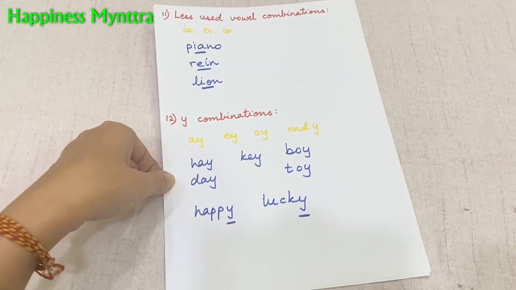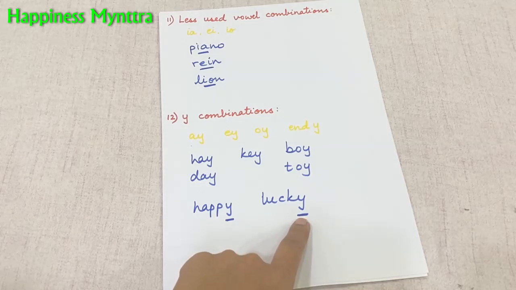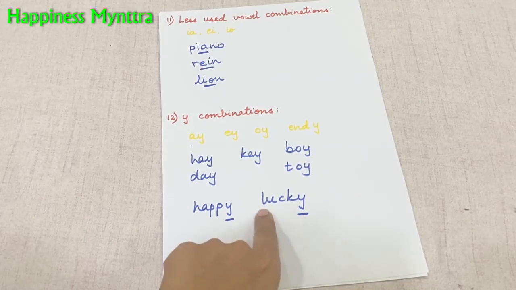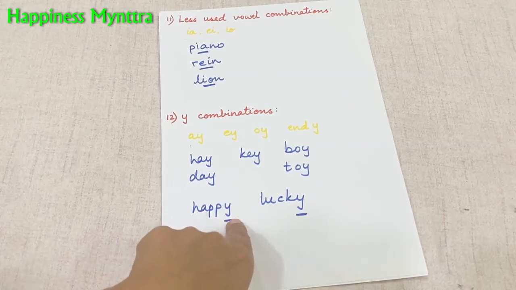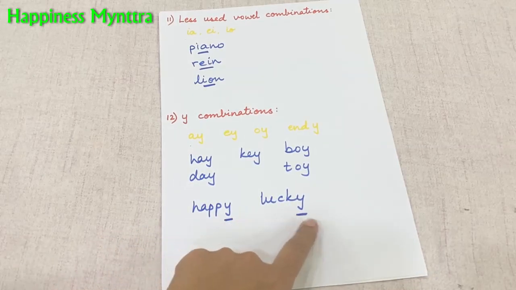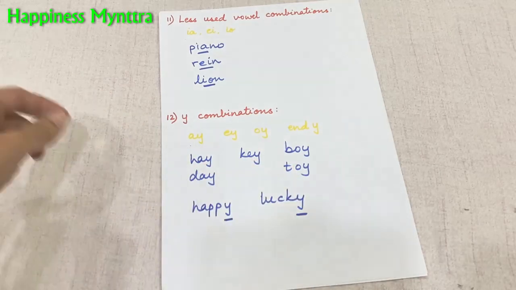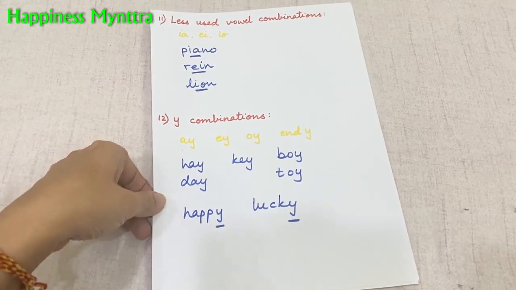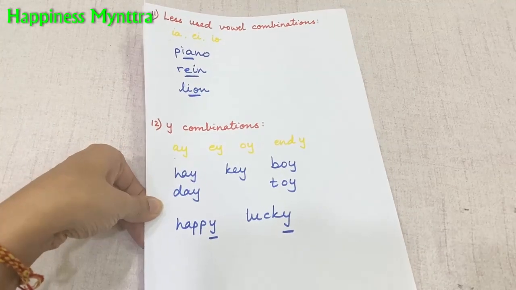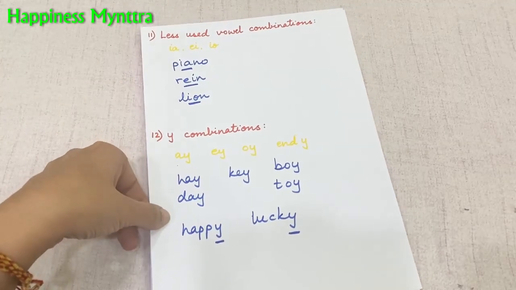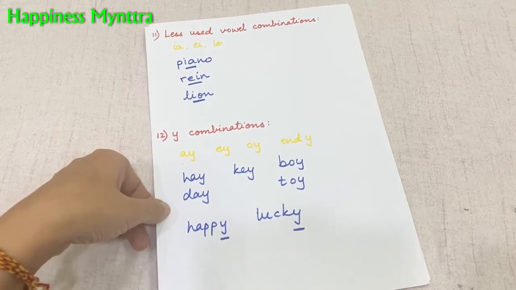Again, since it's an end vowel Y, it's ending with Y, we use the E sound for it. So lucky, happy. So when we learn about segmenting in future, that is how it will be used, and the children will need to understand when to use which letter of the alphabet, how to pronounce and how to spell.